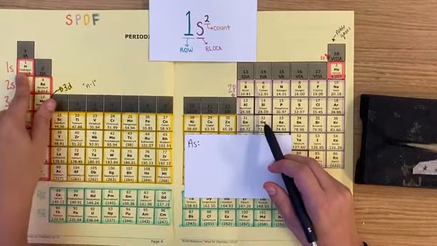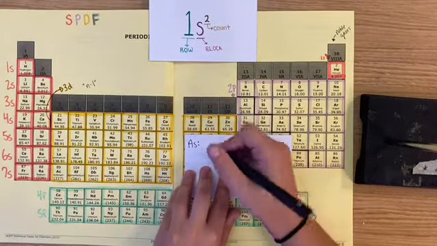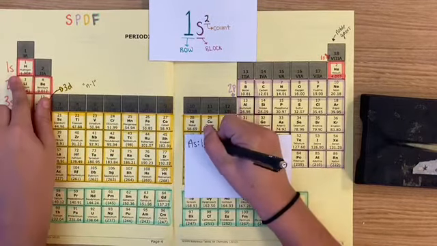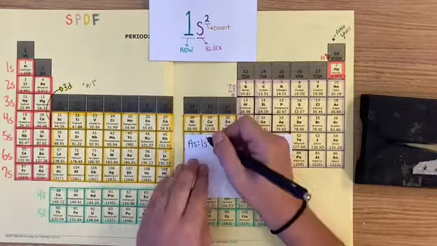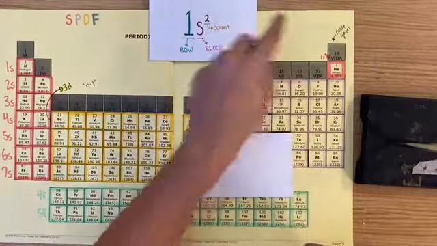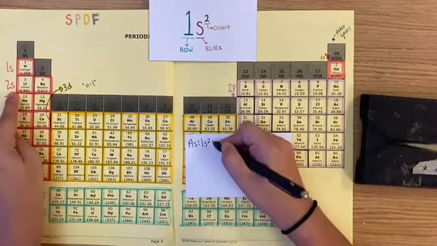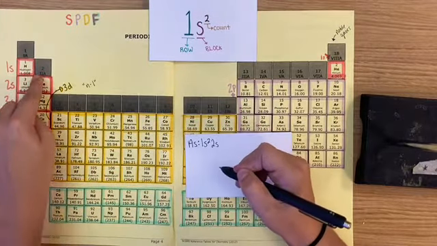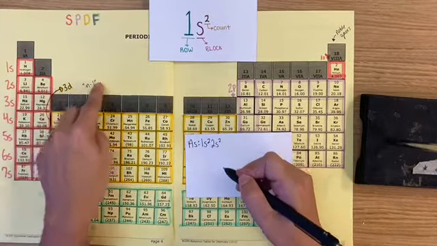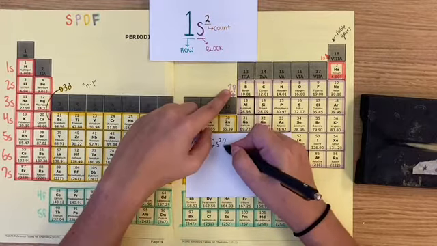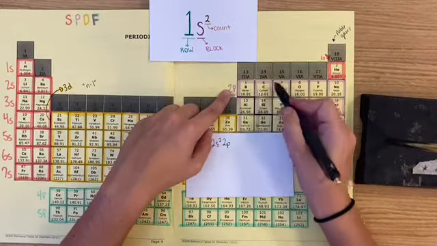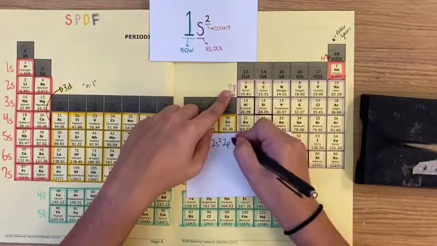We're always starting at hydrogen, and that's going to be 1S, 1, 2. We've made it to the end, coming back around to 2S, 1, 2. Making our way over, we're now in 2P, 1, 2, 3, 4, 5, 6.